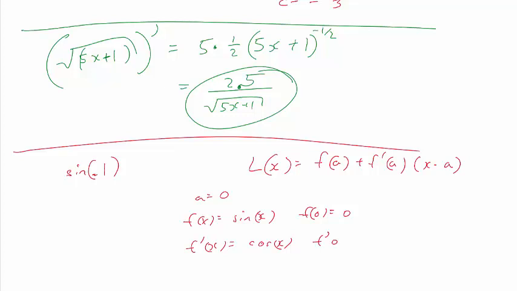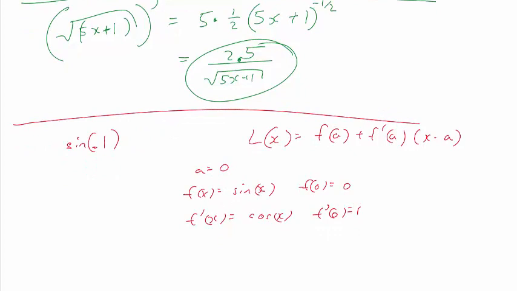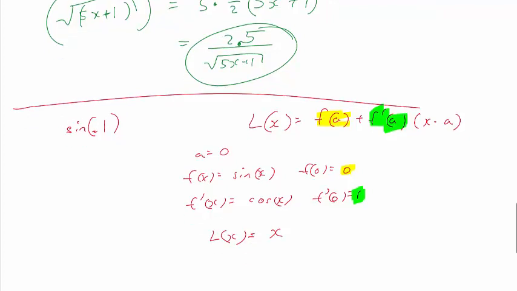So our linear approximation becomes a very simple formula to work with very quickly. L of x equals x minus 0, so it's simply x. So L of 0.1 is simply 0.1. There we are, that's the answer, 0.1.